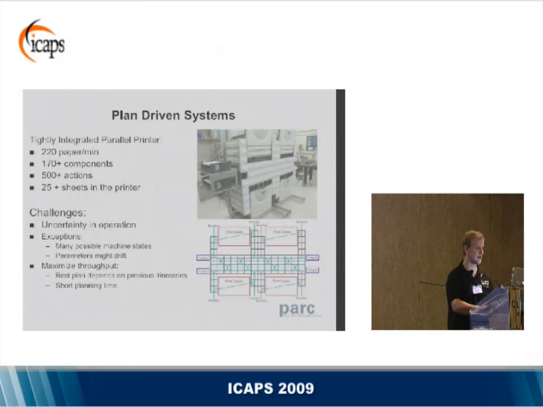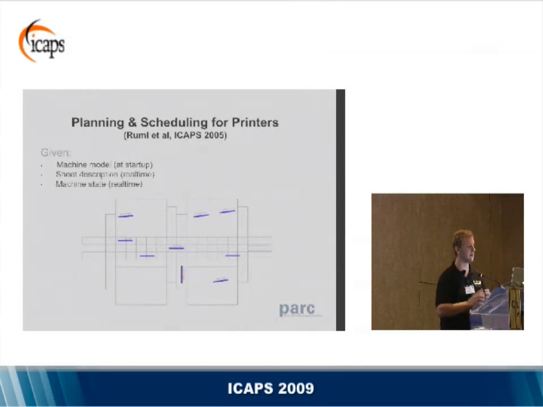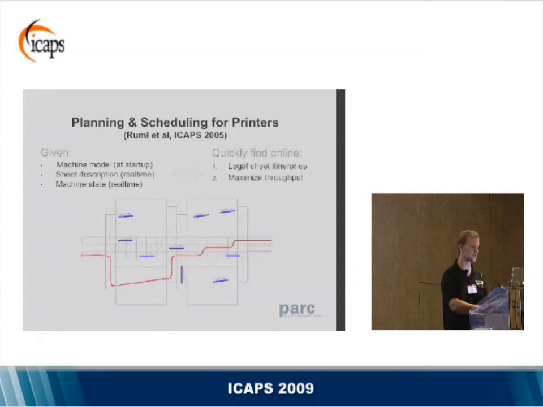So what was done before was planning and scheduling for those kinds of printers. The problem is that you have a machine model at startup time, and at any given time you already have sheets in the system and you have a machine state. You want to construct a plan which is capable of finding its way through the machine, reaching all its goals, but not crashing into any other sheet.